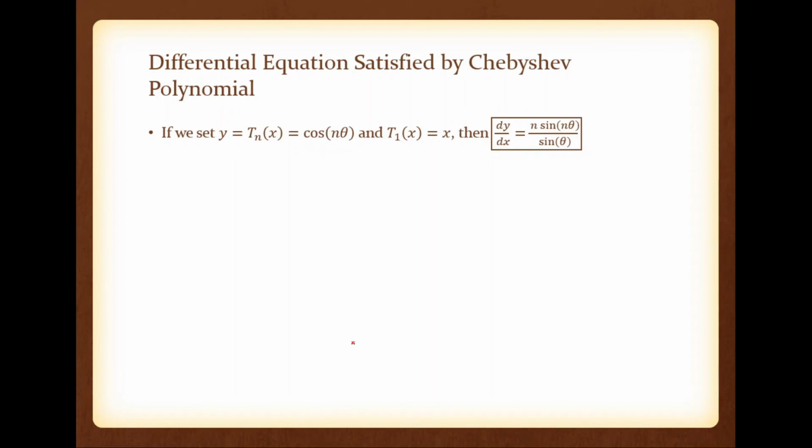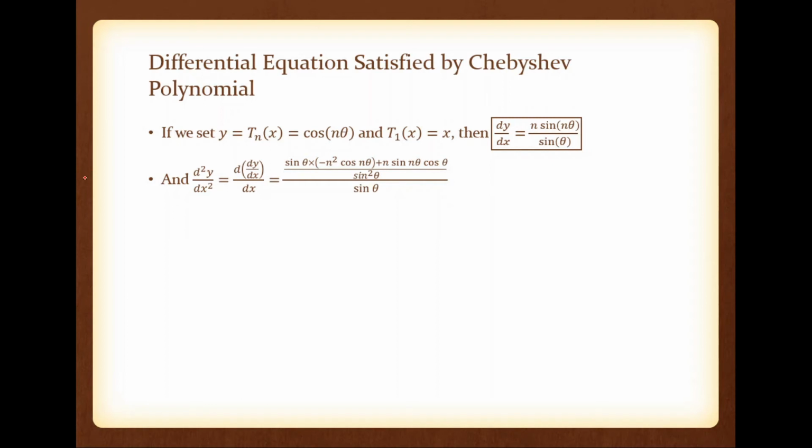Now we are going to find d square y by dx square. We can write it as d by dx of dy by dx.